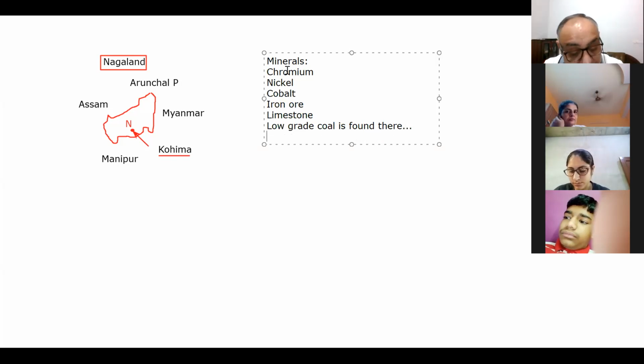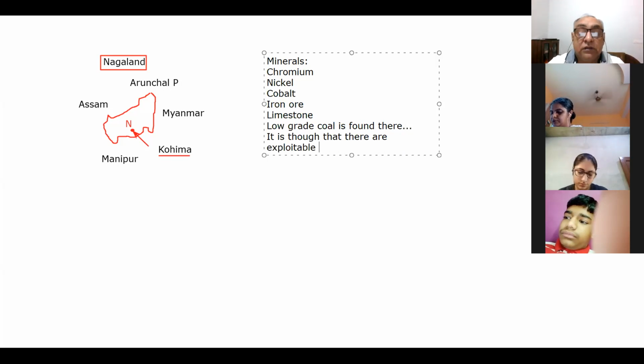It is thought that there are exploitable oil reserves also in the state. As far as transport is concerned, all three modes of transport, rail, road, and air transport, are there.